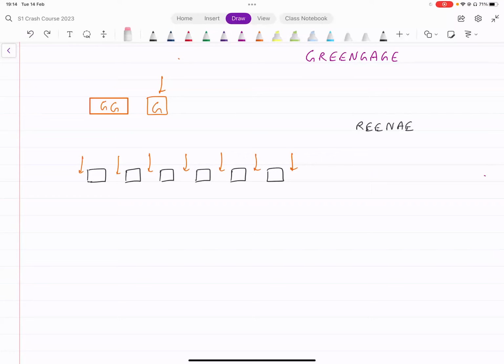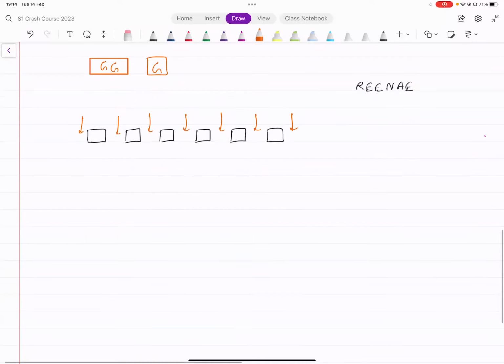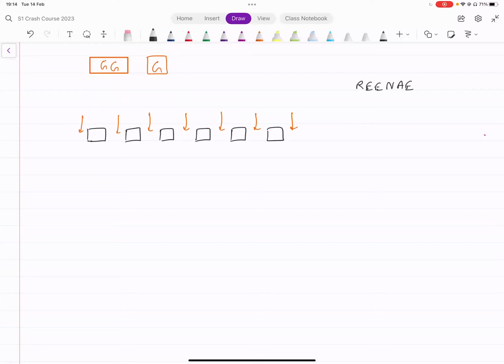Now, in how many ways can you arrange these 6 boxes? You can arrange these 6 letters in 6 factorial over 3 factorial ways, because 3 of them are identical, 3 of them are E's. So in total, there are 6, but 3 are identical, so we divide by 3 factorial because of that.